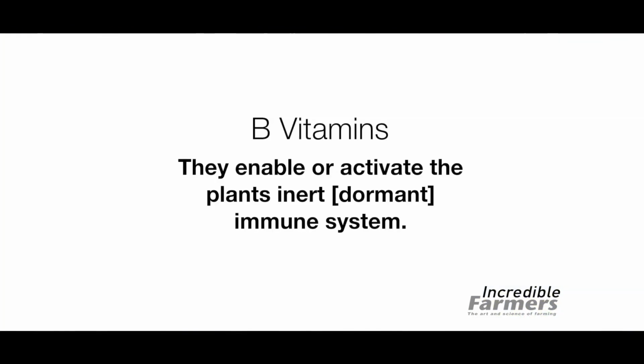And also, B vitamins actually turn on the immune system of a crop. Each and every crop has an immune system, the same as in humans. In the immune system, we have two defense systems: systemic acquired resistance and induced systemic resistance.